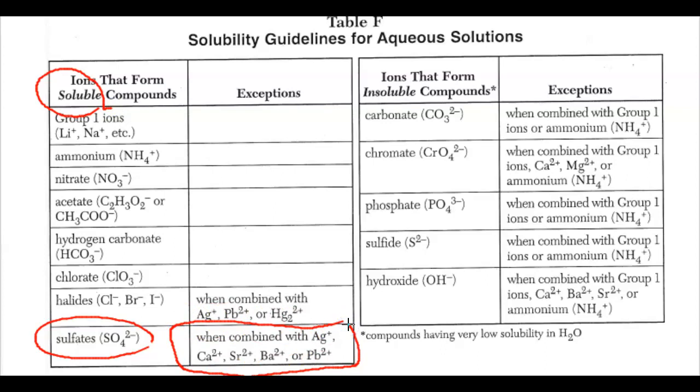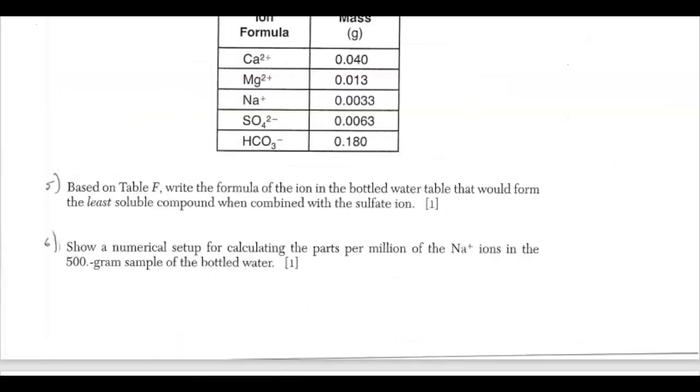And for sodium, magnesium, calcium, the exception is calcium, which means that calcium sulfate is insoluble in water. That's our answer. Just a reminder also, please, if you're writing down an ion, remember the charges go with an ion. Don't just put down calcium as the answer for 5. It would have been calcium 2+ or +2.